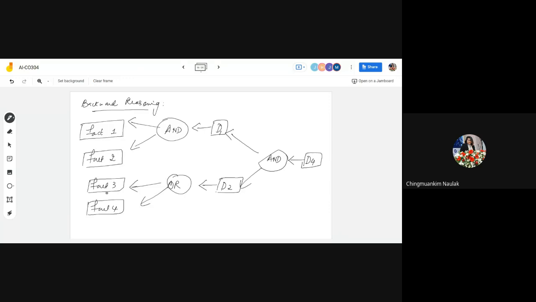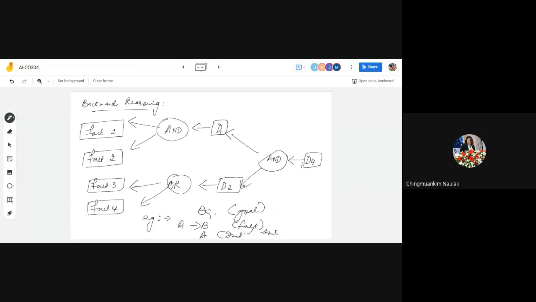Let me give an example of backward reasoning. You will be given this, that is the goal, and this is the fact that is used to achieve the goal, right? And A is the initial state.